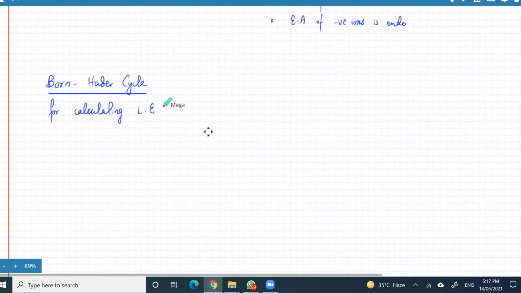You measure and calculate lattice energy using this cycle. We'll also talk about Hess law or the Hess cycle. It's a Hess cycle which is given a specific name. This is something that's more important. We just did definitions for now, so we're going to continue with this in the next class.